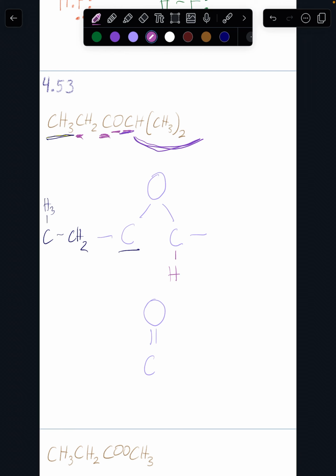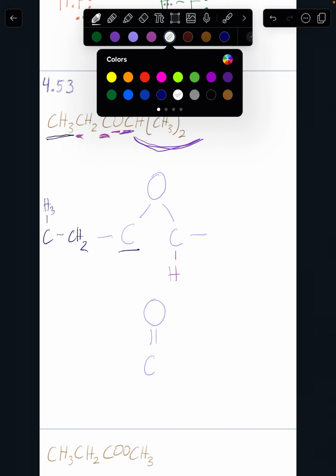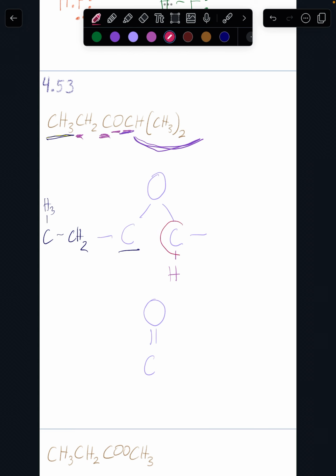And this particular carbon right here has 2 groups and a hydrogen.